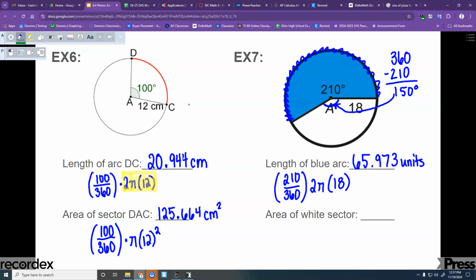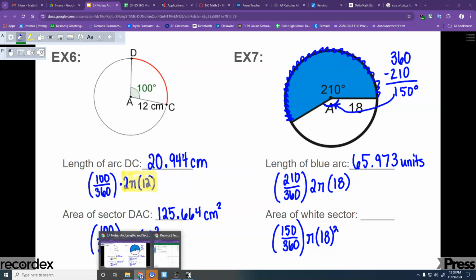And then we will use our area of a sector formula using that 150 degrees. So we'll have 150 divided by 360, and it is area, so we are multiplying this by the area of the circle, so pi times 18 squared, and we are just going to type that into Desmos.